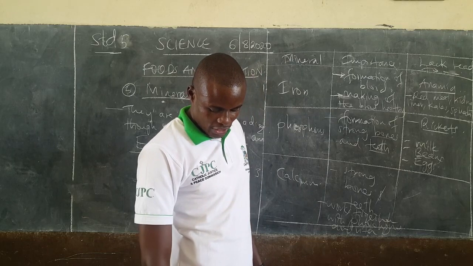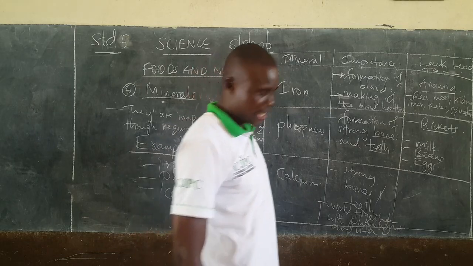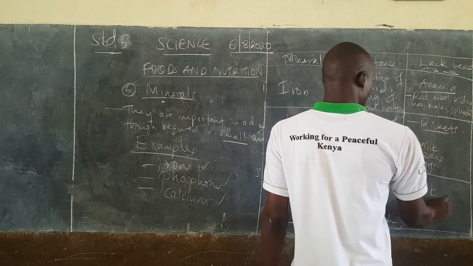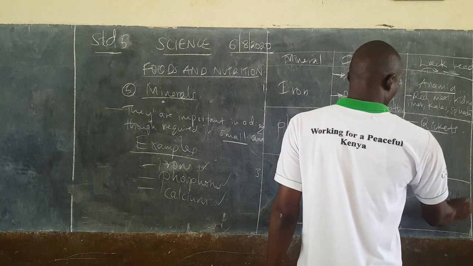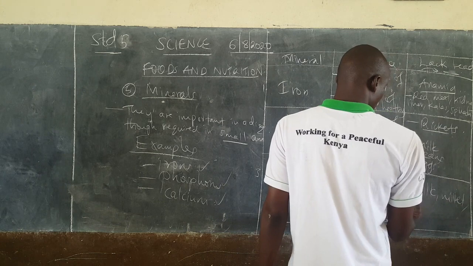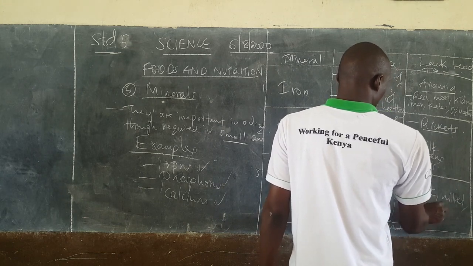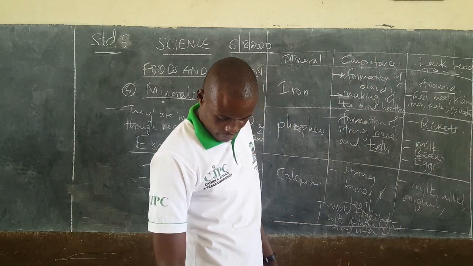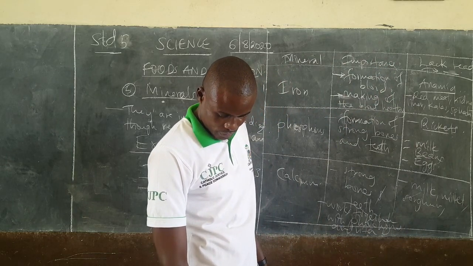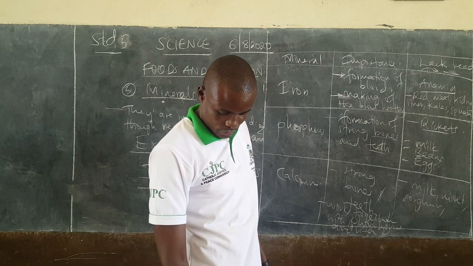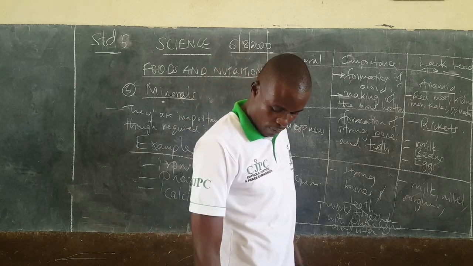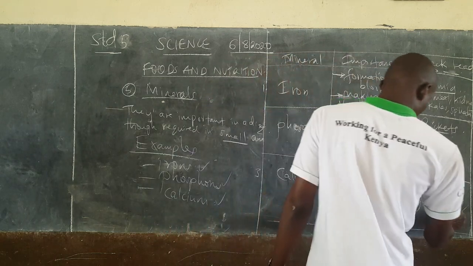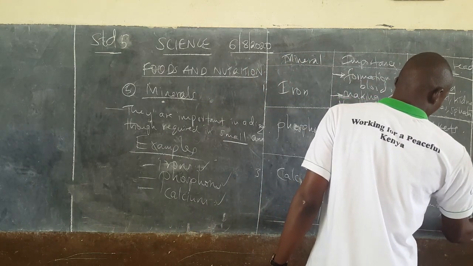Then food rich in calcium include milk, millet, sorghum. We also have small fish like omena.